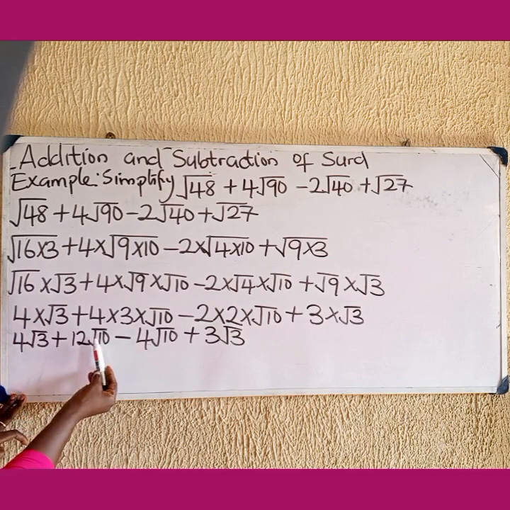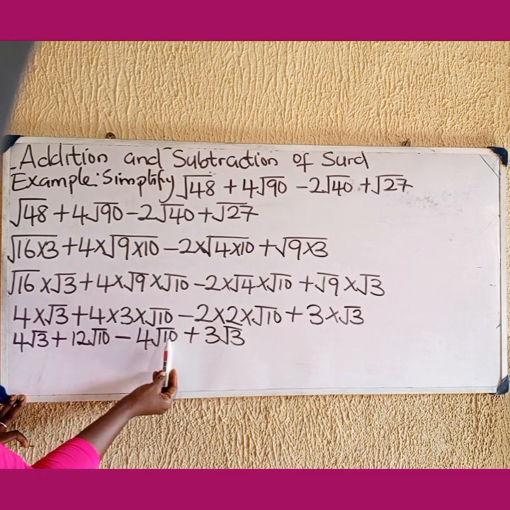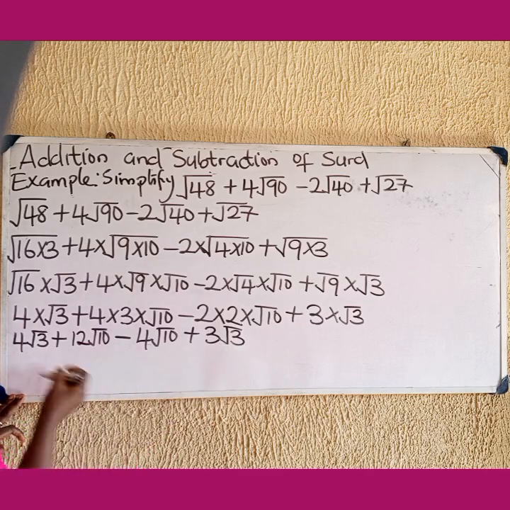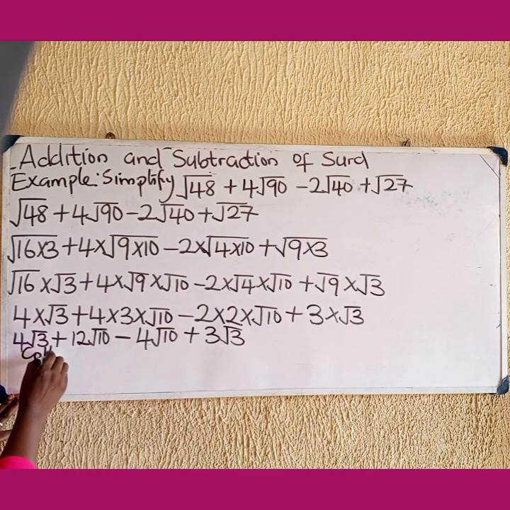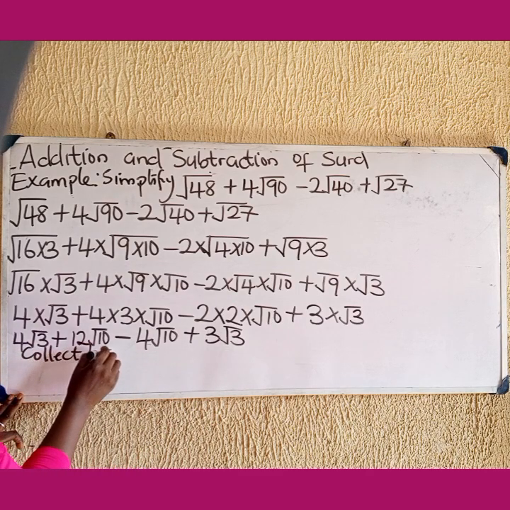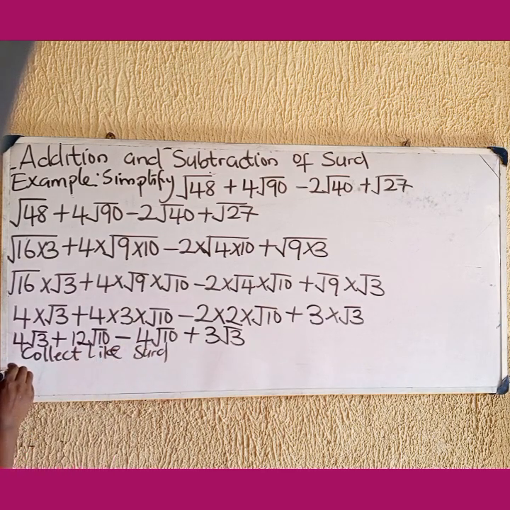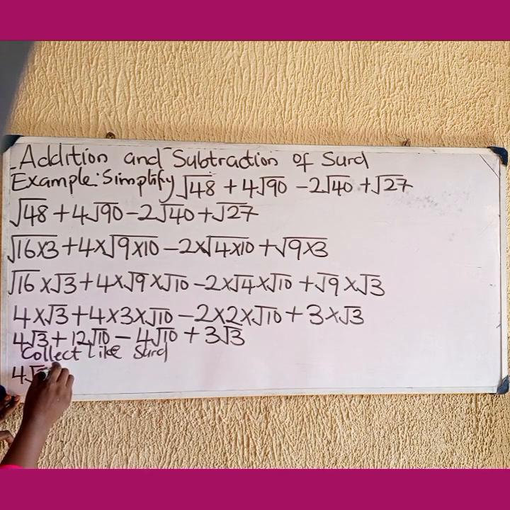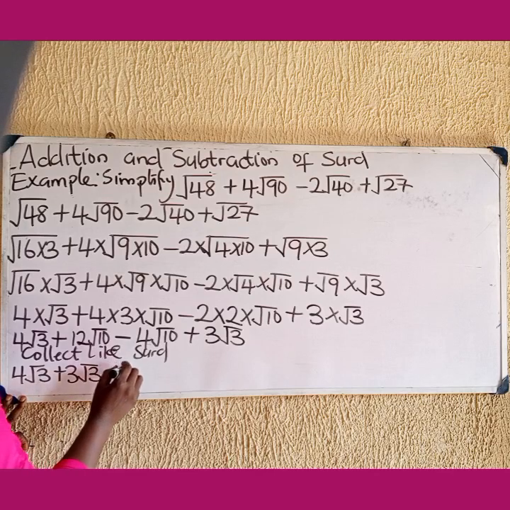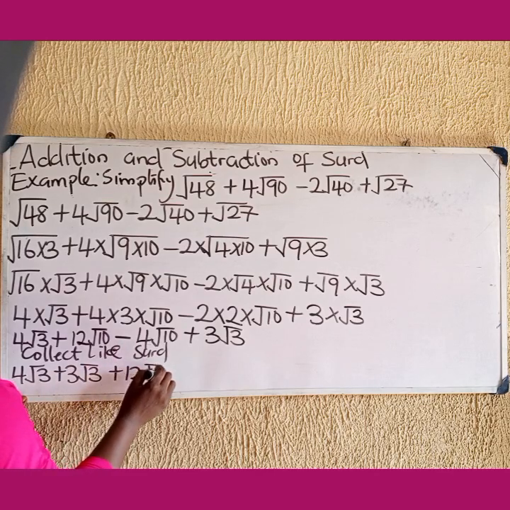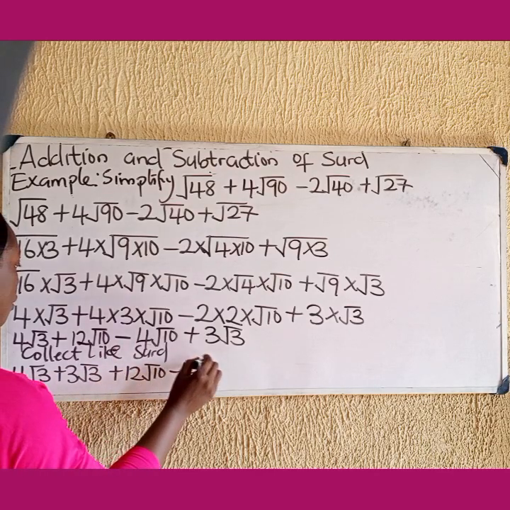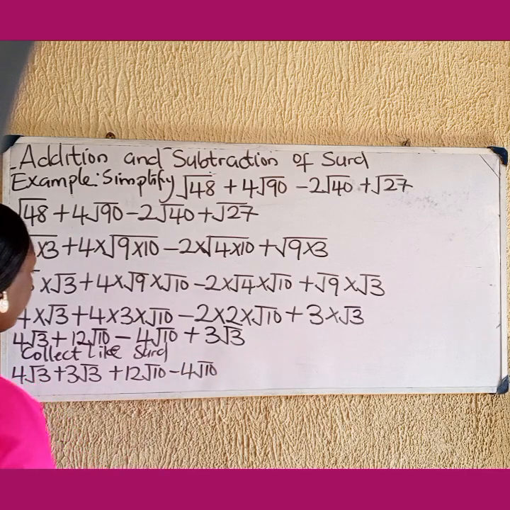Now looking at this, we have root 10, root 10, root 3, root 3. So we now collect like surds. So I have 4 root 3 plus 3 root 3 plus 12 root 10 minus 4 root 10.